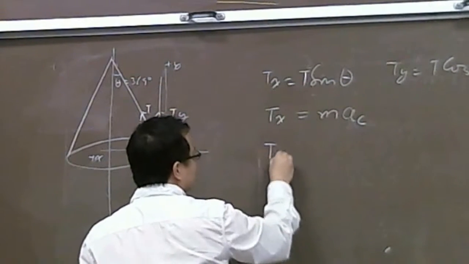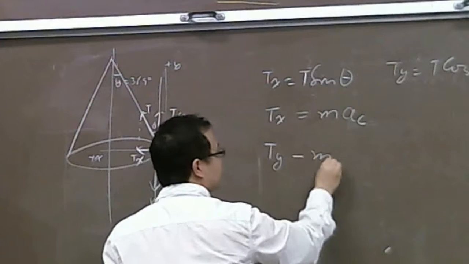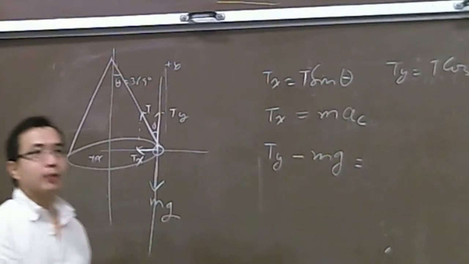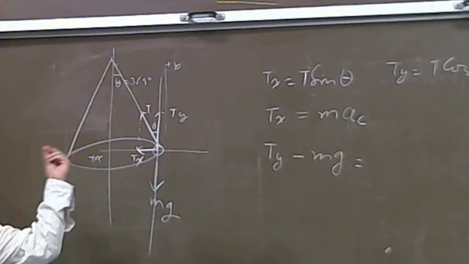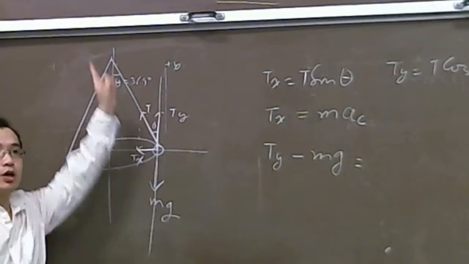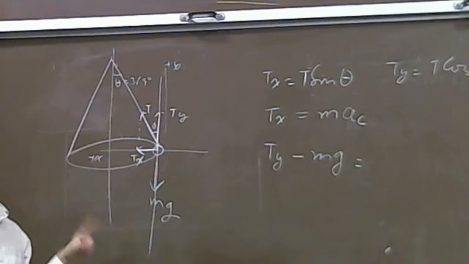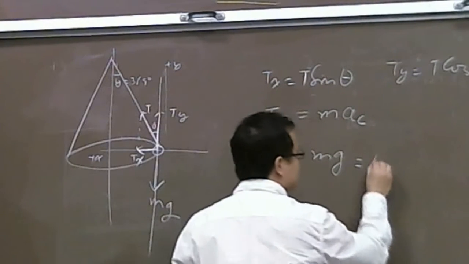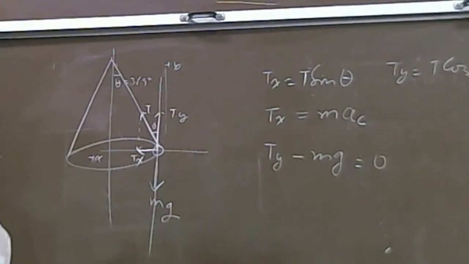Along the y direction, you have Ty minus mg equals m a_y, but a_y in this case should be 0 because it's horizontal motion. There is no vertical motion, right? So Ty equals mg.